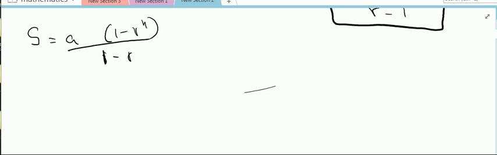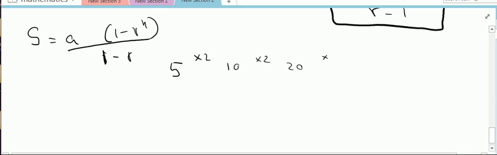let's say you are depositing 5 rupees somewhere and you intend to deposit in multiples of 2 the next day: 10, 20, 40, 80, and you will never end depositing this amount.